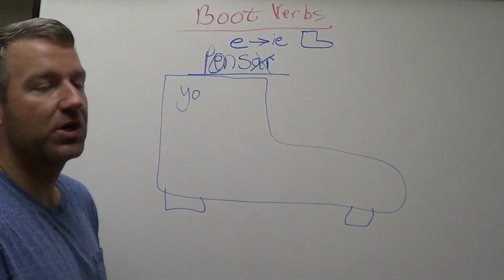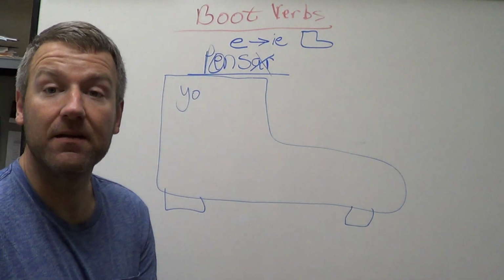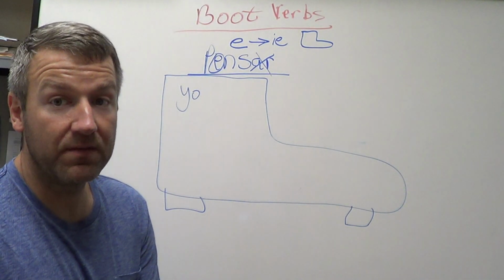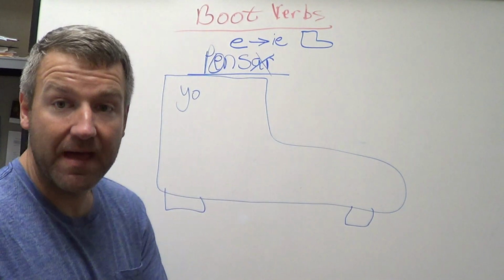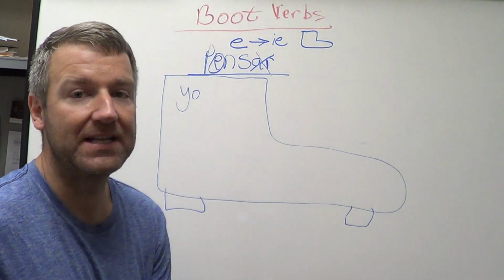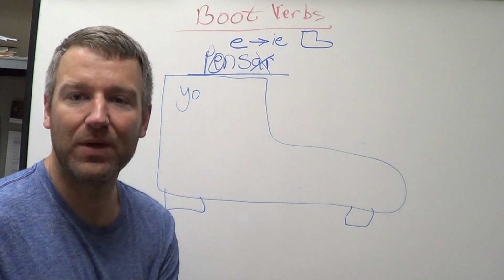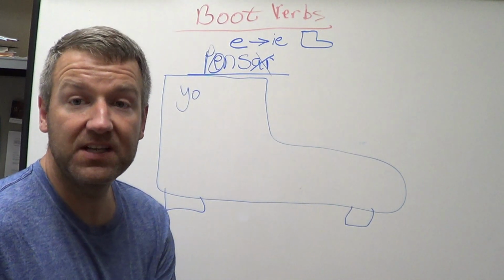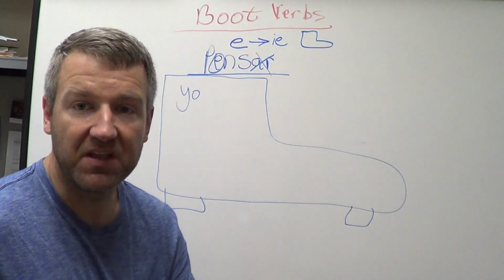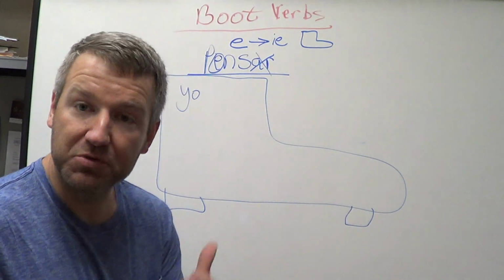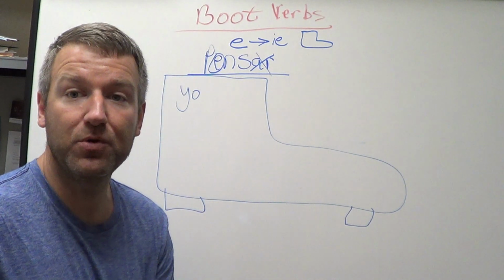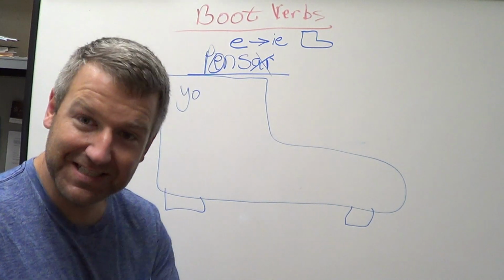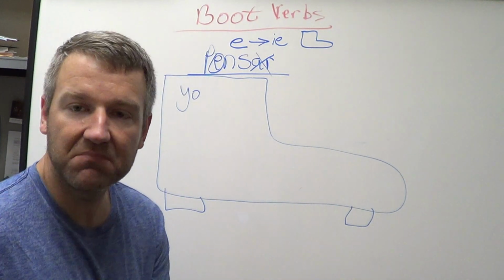All of those forms are going to go from an E to an IE. And the only one that we deal with that's outside of that boot is nosotros. And nosotros does not go through any change. If it's easier for you to remember that everything changes except nosotros, think of it that way. If it helps you to think of these verbs in terms of the boot, in that everything inside the boot changes, think of it that way.